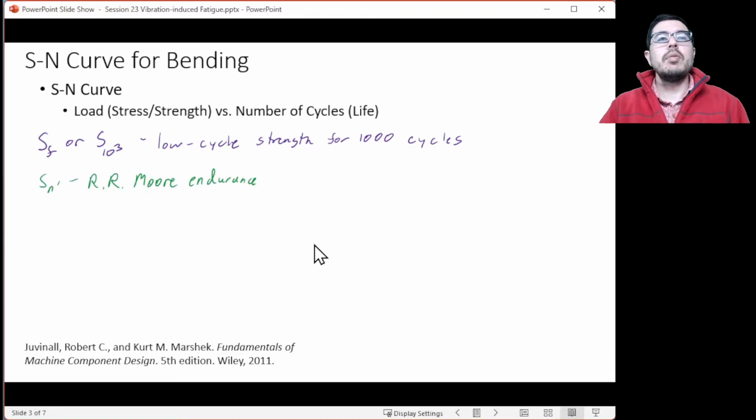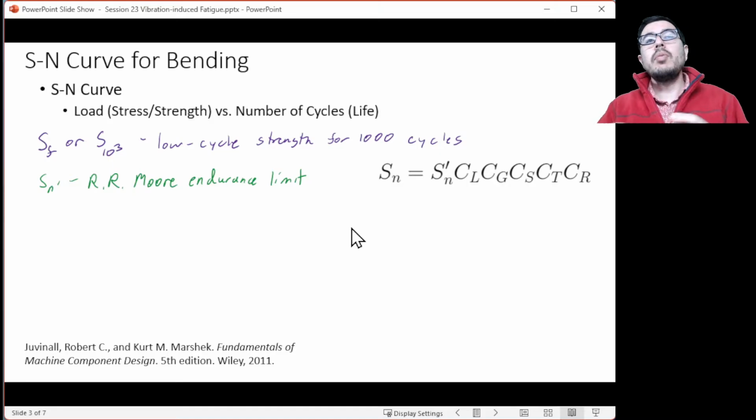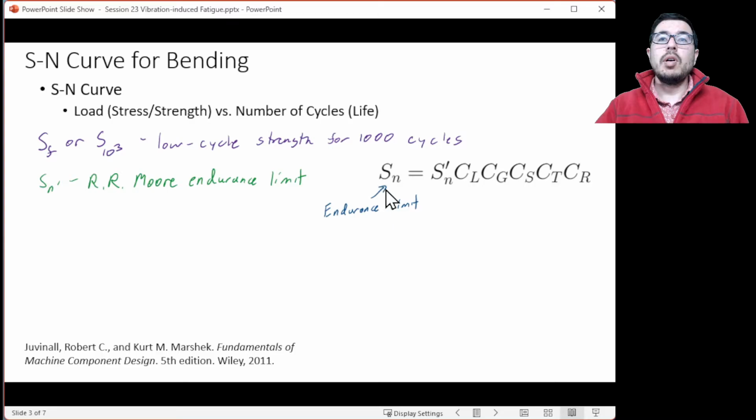We have what's called Sn prime, or the R.R. Moore endurance limit, which is typically taken by a rotational bending experiment. And then we can use those results that give us the Sn prime with some various factors, as you see here, to come up with what we'll call Sn, which is known as the endurance limit.